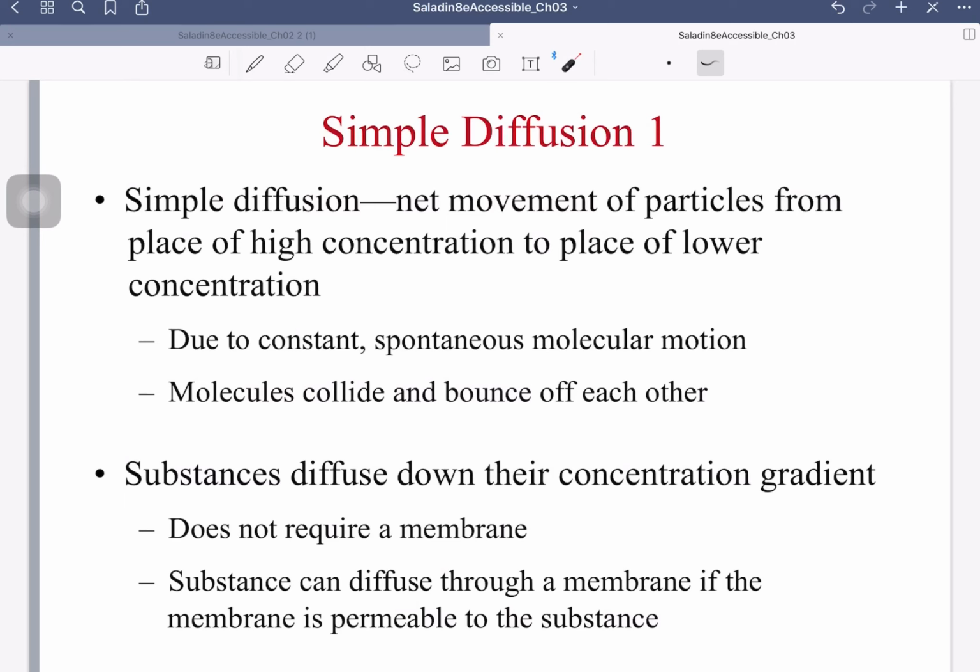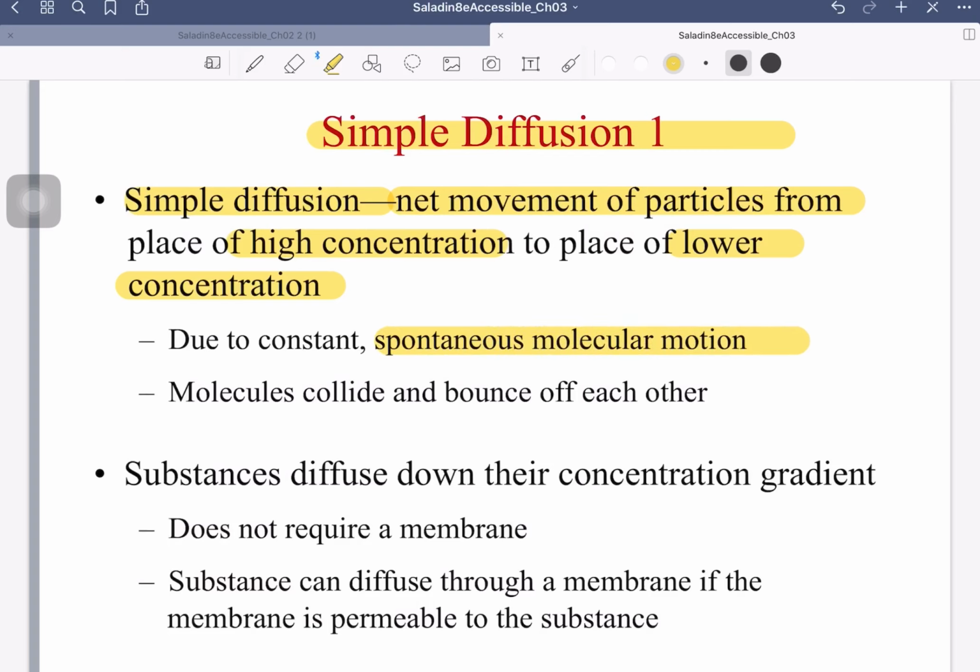Now, we could also look at simple diffusion. Simple diffusion is the net movement of particles from a place of high concentration, not surprisingly, to a place of low concentration. Here I don't need any energy added to the system because this is due to basically spontaneous molecular motion.